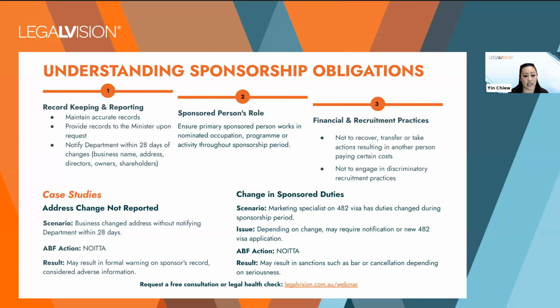And then the second case study, which is very common as well, where you sponsor someone, say as a marketing specialist, but their duties change. So it's really important to understand, when their duties change, is this simply the approved sponsor notifying the ABF of that change, or does it change the position fundamentally, so that it's no longer the same occupation that we originally nominated the person in?